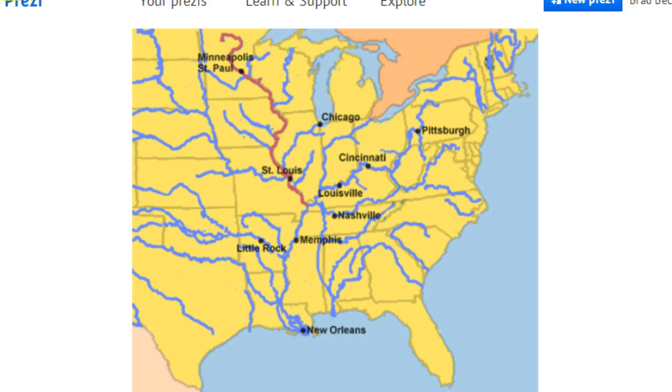The Mississippi River is still today a very important transportation river.